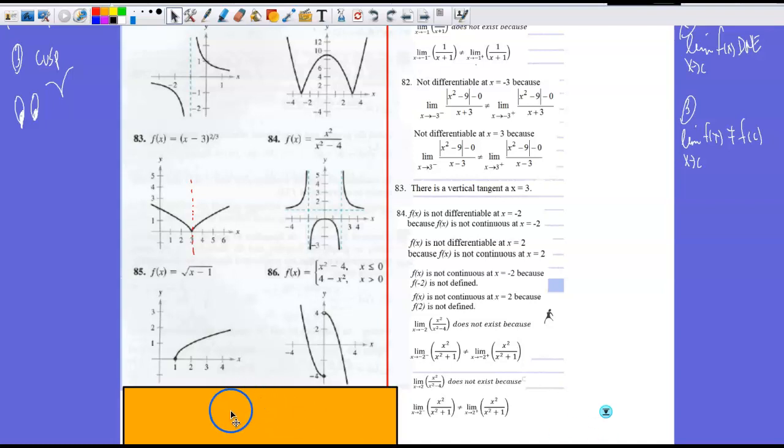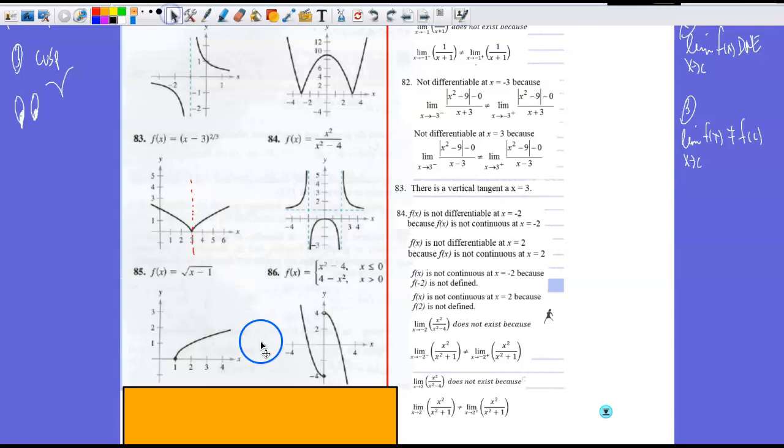All right, number 85. Notice in number 85, when we're trying to find if there is a derivative, one thing you could look at, there's only a one-sided limit here. So as we approach 1 from the right-hand side, you can see it's like half a dimple. And so it looks like we're approaching vertical from the right-hand side, but we can't approach from the left-hand side.